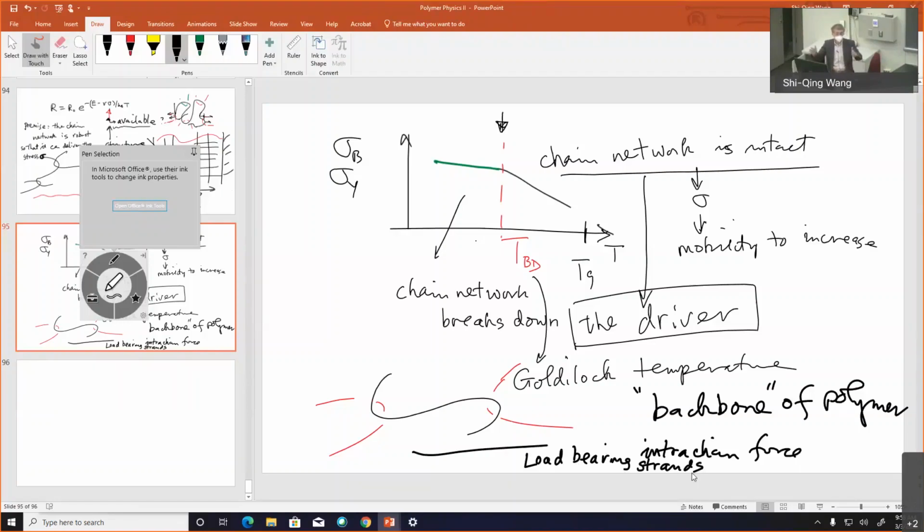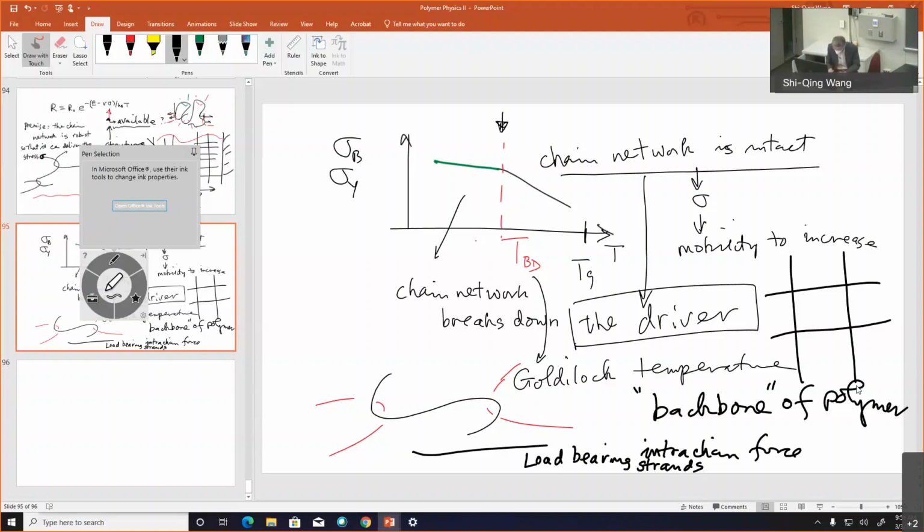The total of load-bearing strands conceivably is only a fraction of the total monomer. So in that sense, I say it's a "backbone." So I could truly imagine that when I do this, I will see a so-called chain force that involves a network. And if I depict that network, I go back to this picture again. It's going to look like this.